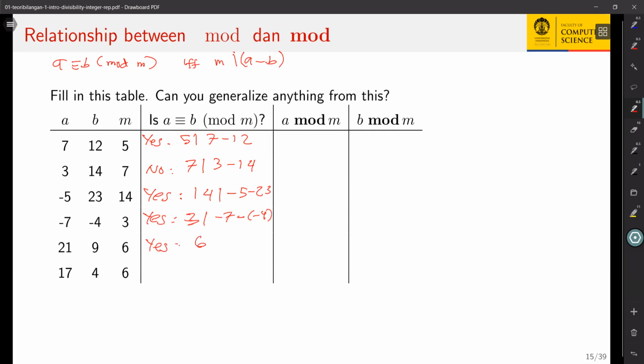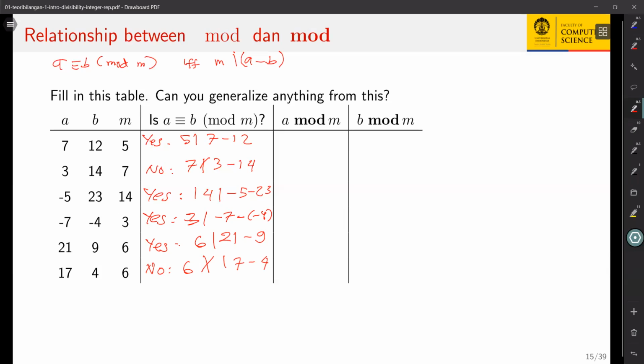Because of course 6 divides 21 minus 9, which is of course 12, right? And finally, this is a no, because 6 does not divide 17 minus 4, right?